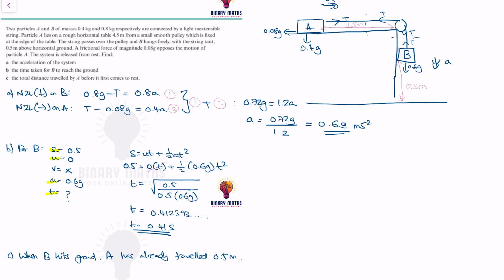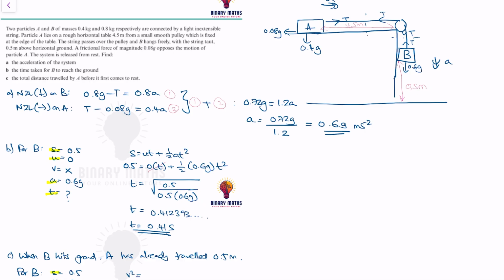So first of all, we need to find out the velocity at which B hits the ground. So for B, we set up SUVAT. We know the distance traveled is 0.5, initial speed was 0. We're trying to find the final speed, which is v. Acceleration is 0.6g. Time we do know is 0.41 seconds, but because it's one that we worked out, let's use S, U, V, and A to find out what V is.